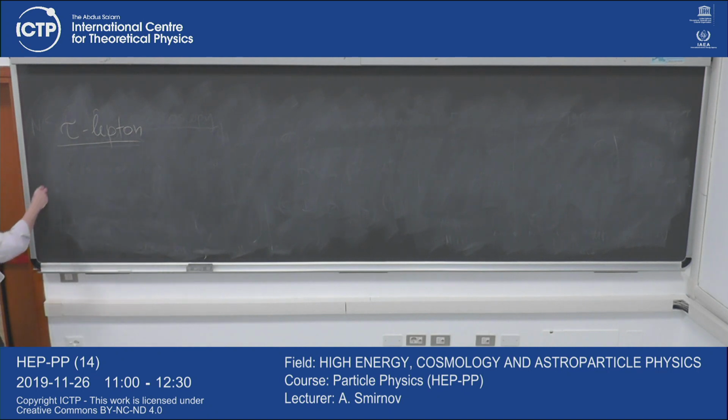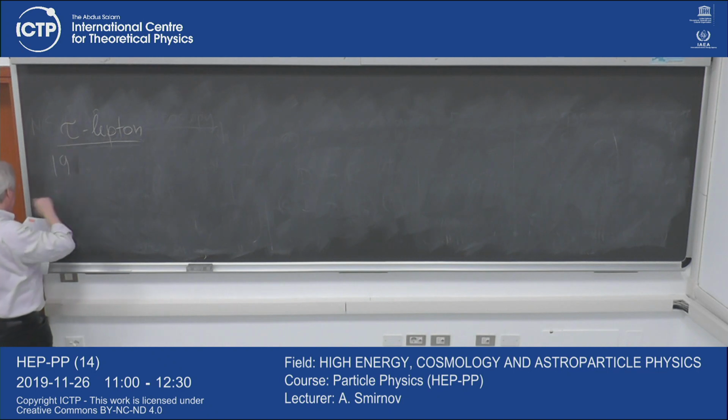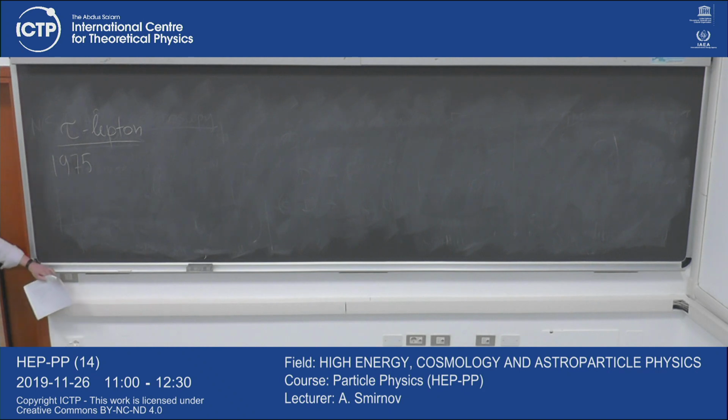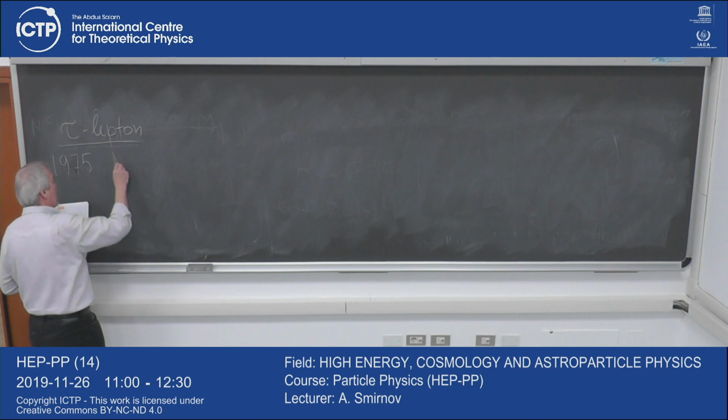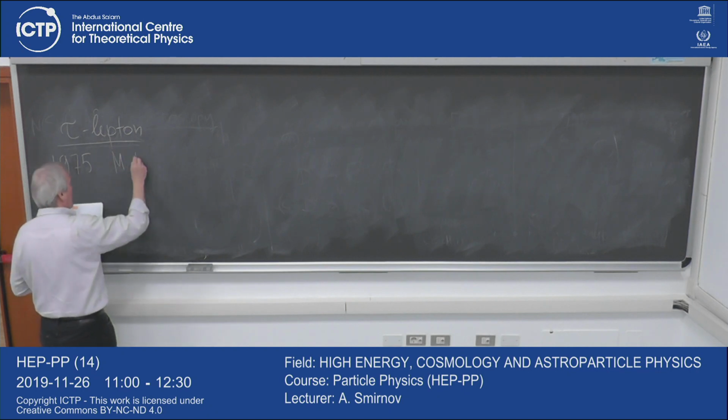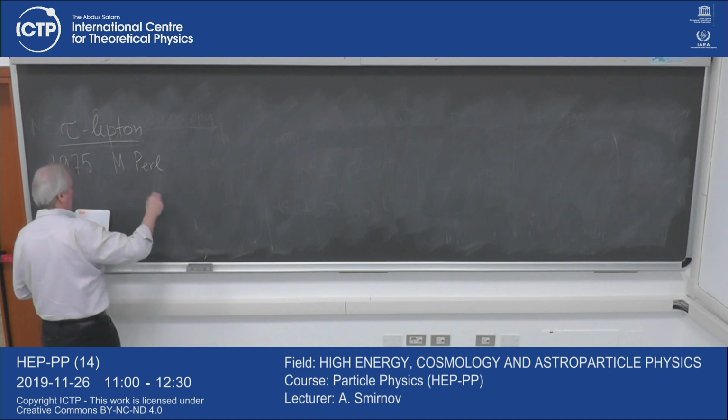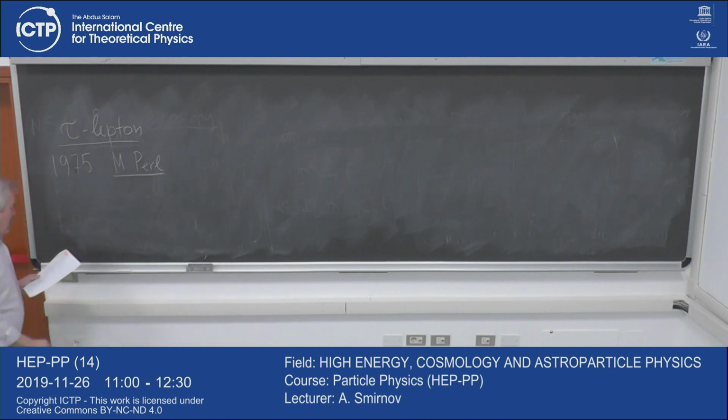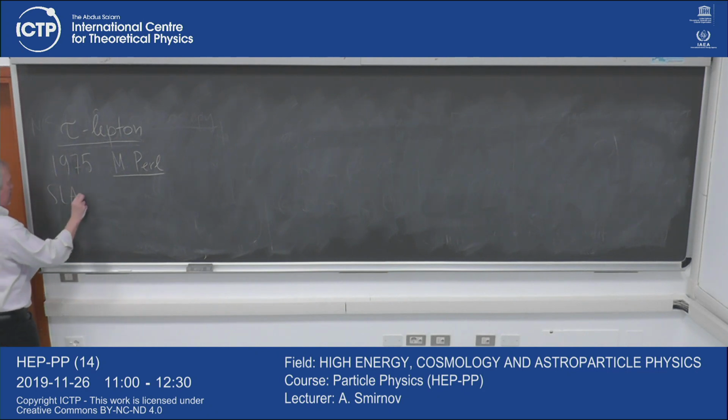So the tau lepton was discovered in 1975. So you see, in several years there were a number of discoveries. This was the era of big discoveries, but nowadays there are not many discoveries of new particles. Actually, none. It was found by a group of researchers, with spokesman Perl, working at SLAC, using the same SLAC e+ e- accelerator.